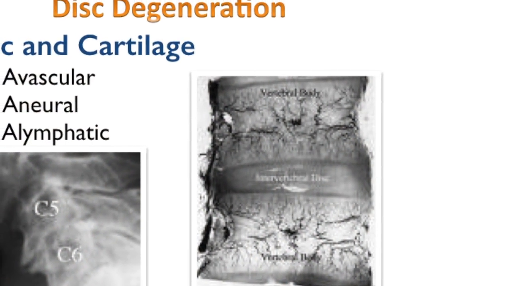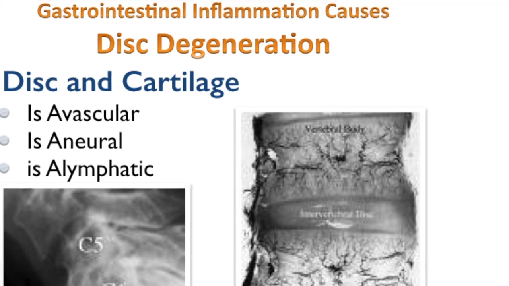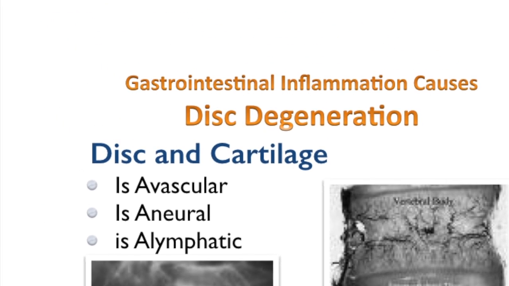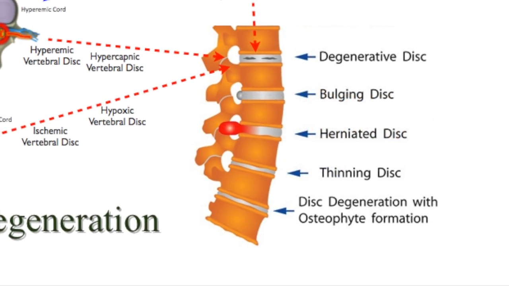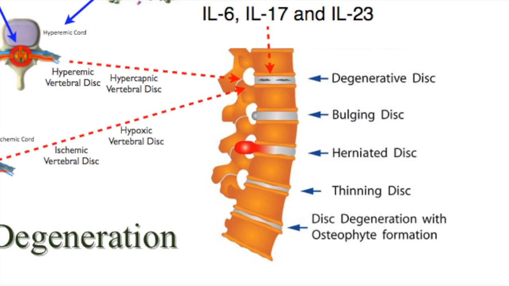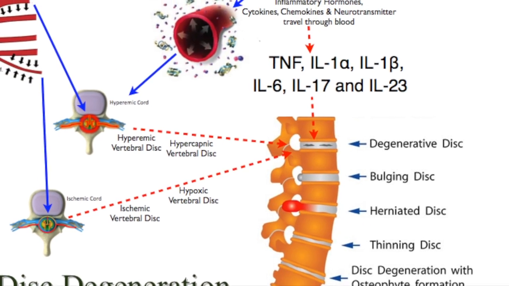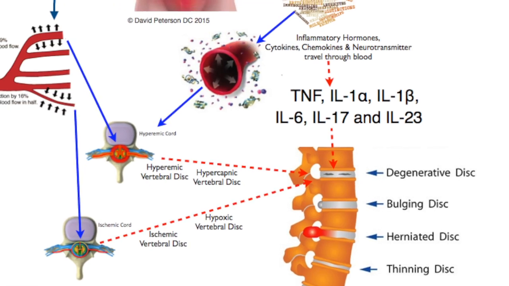The intervertebral disc is the largest predominantly avascular, aneural, and alymphatic structure in the body. It provides articulation between the adjoining vertebral bodies and also acts as a weight-bearing cushion dissipating spinal loads.